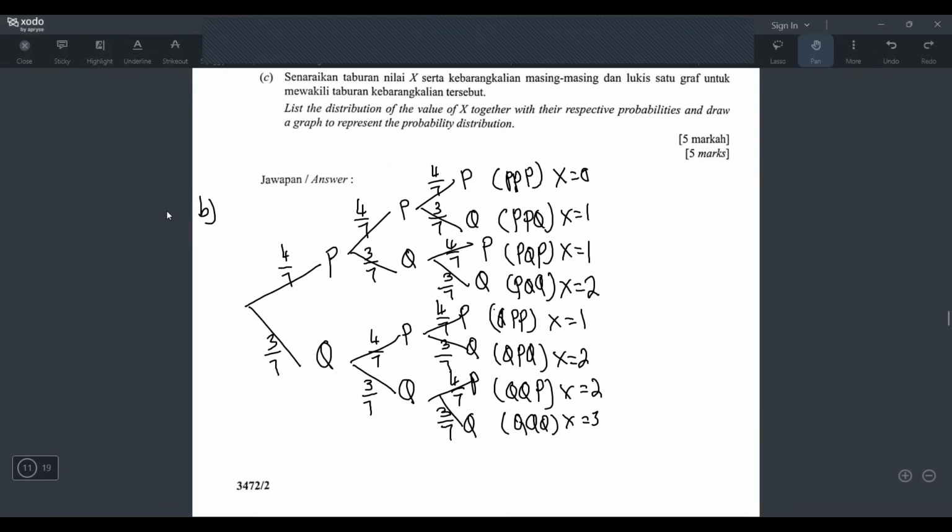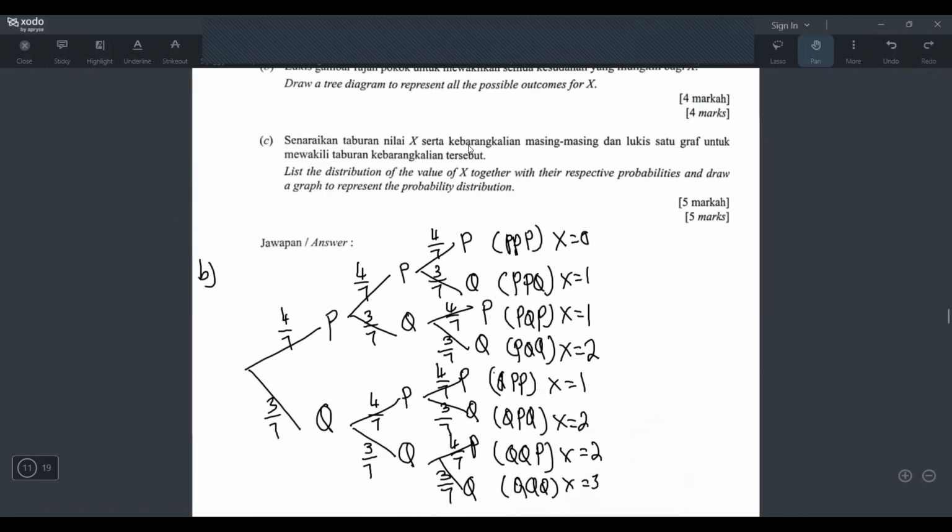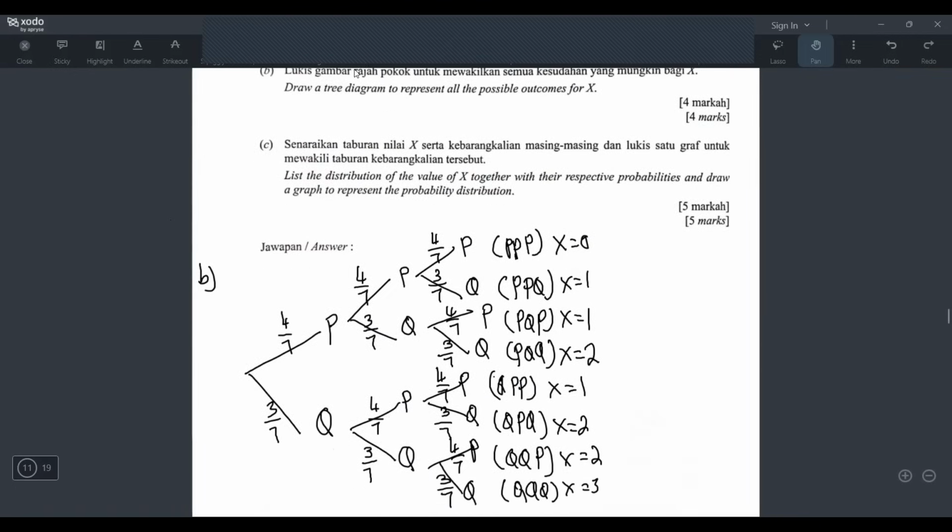Okay, so let's do C now. C says list the distribution of the value of x together with their respective probabilities and draw a graph to represent the probability distribution. Okay, this kind of question is very rare, but it comes out also. This graph is called the probability distribution graph, and it came out in my last state paper also, Malacca, right?